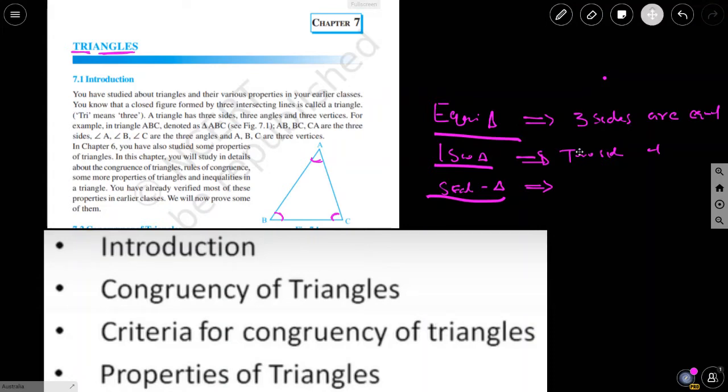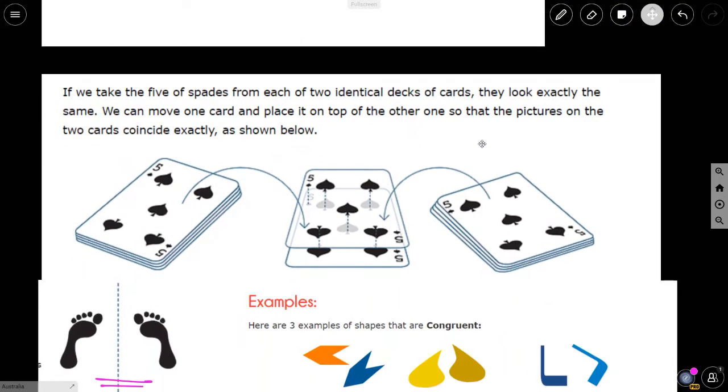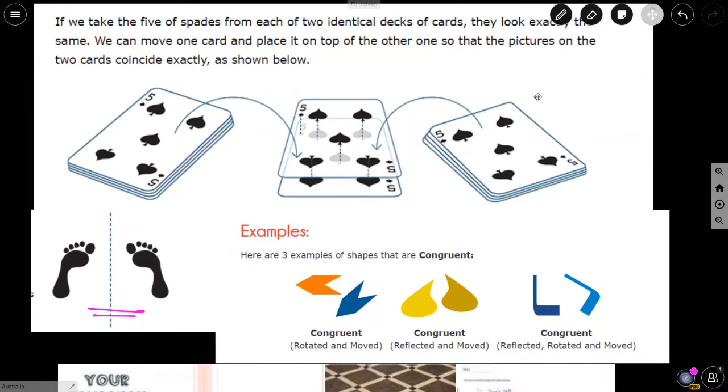Let us see some day-to-day life examples of congruence. If we take the 5 of spades from each of two identical decks of cards, they look exactly the same. We can move one card and place it on top of the other so that the pictures on the two cards coincide exactly, as shown in this figure.